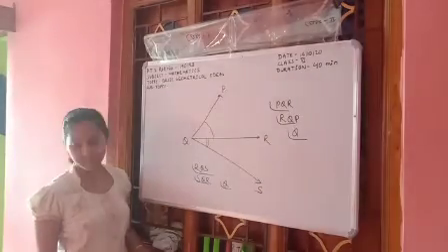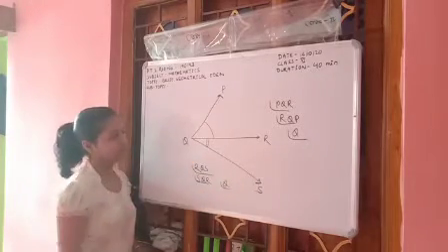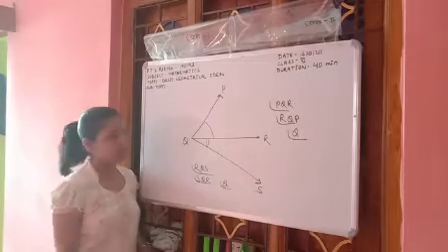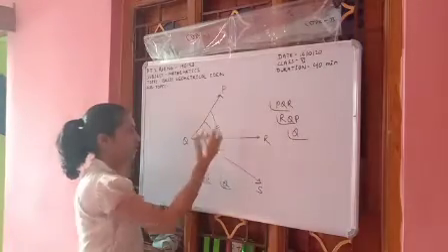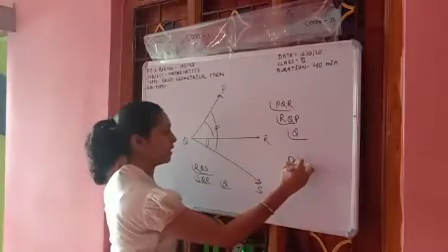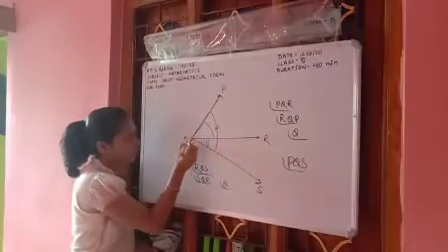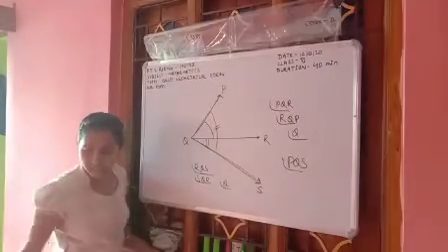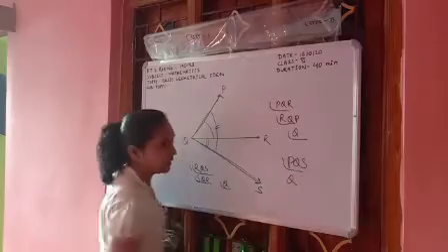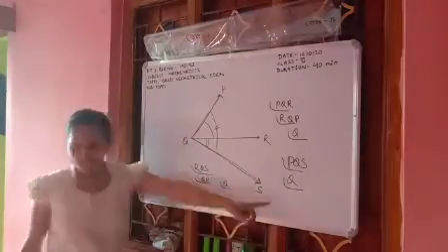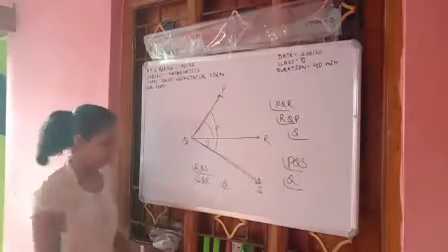This can be written as PQS. From here to here, this is also an angle, the PQS angle, and we can write it as angle Q. All clear? Okay, good.